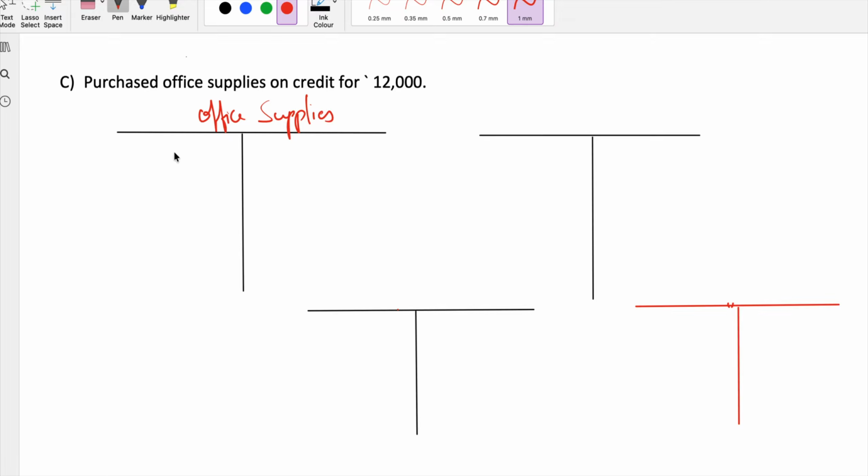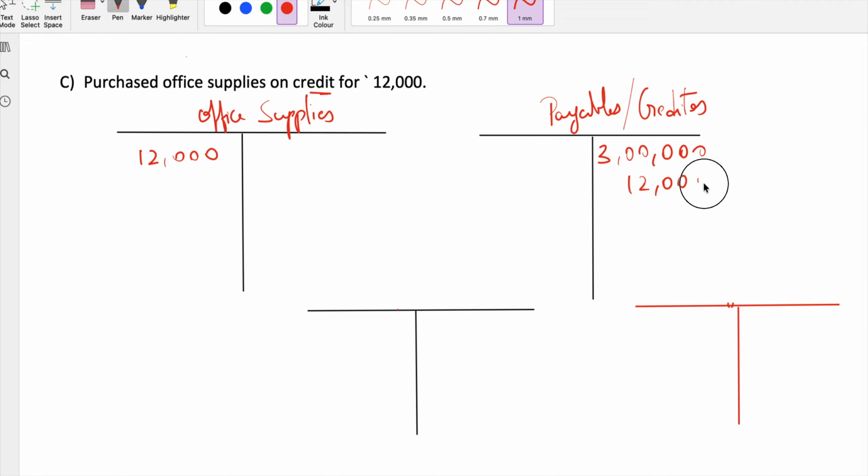If there is an increase in asset, you got to debit it. Okay, now they have clearly mentioned it's a credit purchase. So your payables will increase, or your creditors. Payables or creditors both the same. Already we have a balance of 3 lakh. So this 12,000 also we will add here.